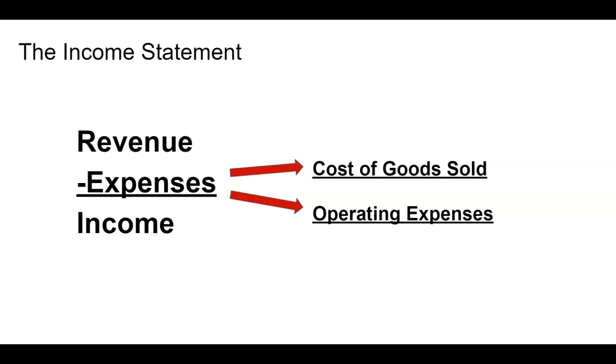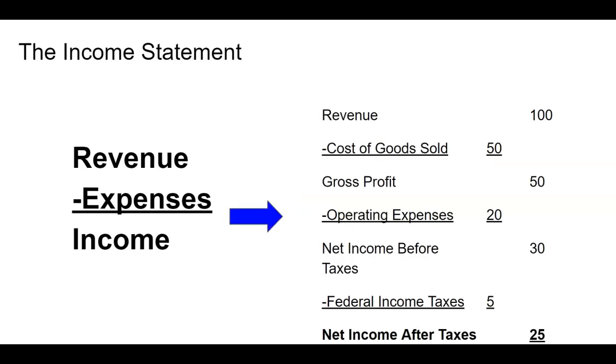Our operating expenses are all of the other things that relate to running a business, like paying our rent, paying salaries, paying utilities, and paying custodians to clean the facility. Those are all operating expenses. When we subtract our expenses from our revenue, it leaves us with income. Hopefully positive, but oftentimes not, especially in the early stages of starting a new business.